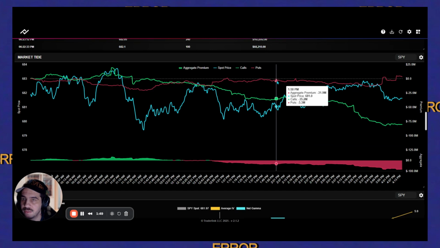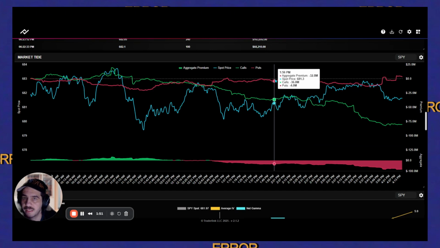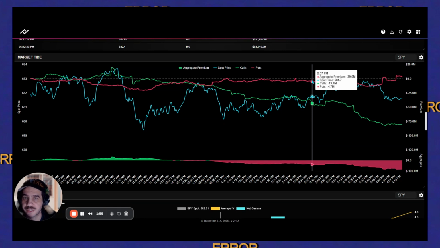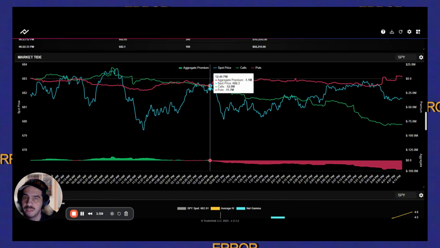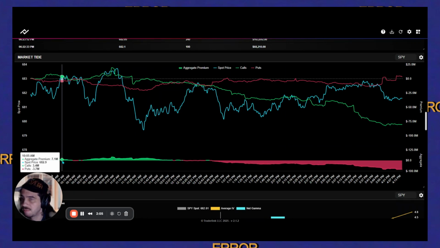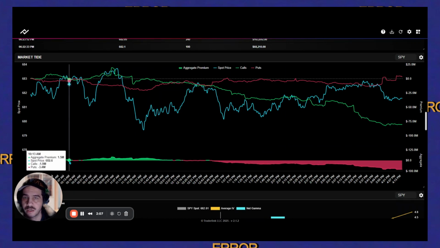Now our red line, which is the top line from today, is the same idea but for puts. Rising equals more protection or bearish bets, and when we see these little spikes down, this means unwinding puts or losing interest. Now the light green fill, which is the bottom down here, is going to be our call premium flow, aka aggregate.